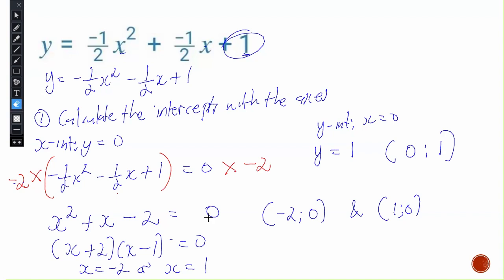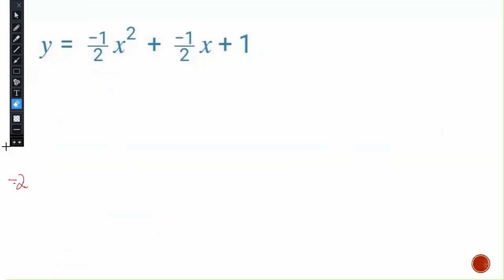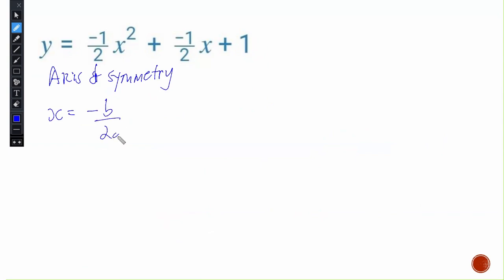And then number 2, we need to find the axis of symmetry. Again, we know the formula x is equal to negative b over 2a. Your b value from here is negative 1 over 2, and your a value is negative 1 over 2.